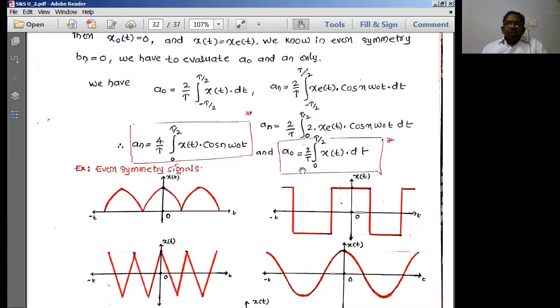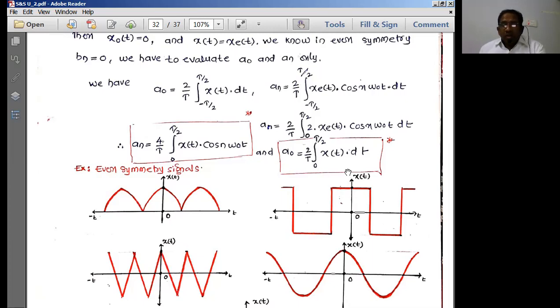And the next point is a naught is equal to 2 by T integral from 0 to T by 2 of x(t) dt. This a naught is nothing but a DC component, which is due to both even and odd harmonic signals. Here we have concluded that b_n is equal to 0.